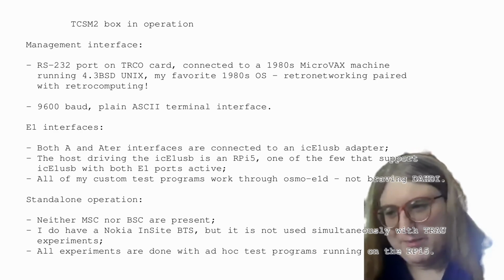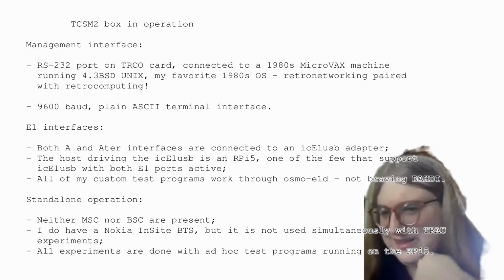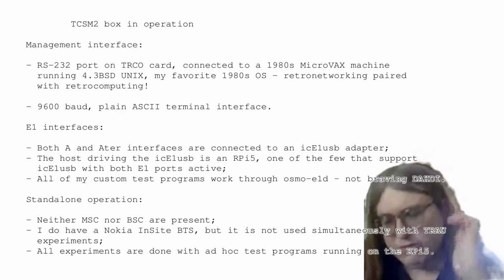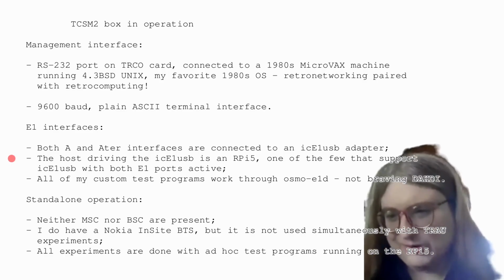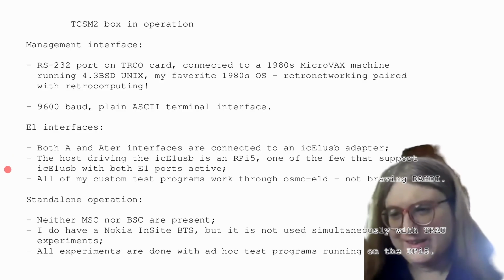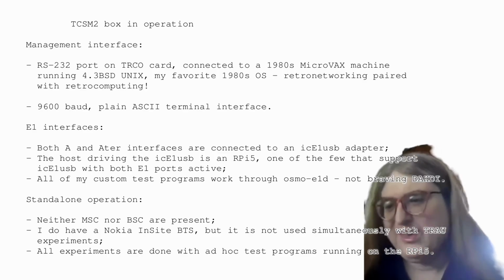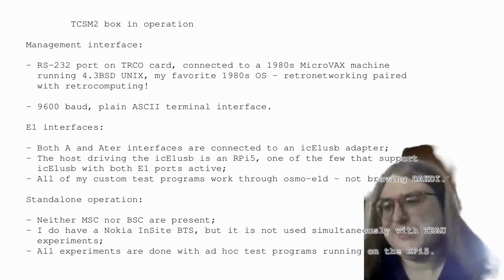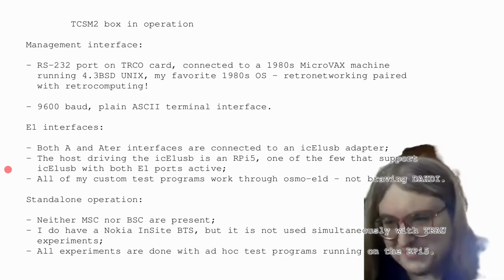And I chose that particular device thanks to the wiki page. I guess I was told it was Sylvain who did the testing, but yeah. It was apparently one of the few hosts that can use both E1 interfaces on the adapter, which of course we need for this. And so that's how I operated.